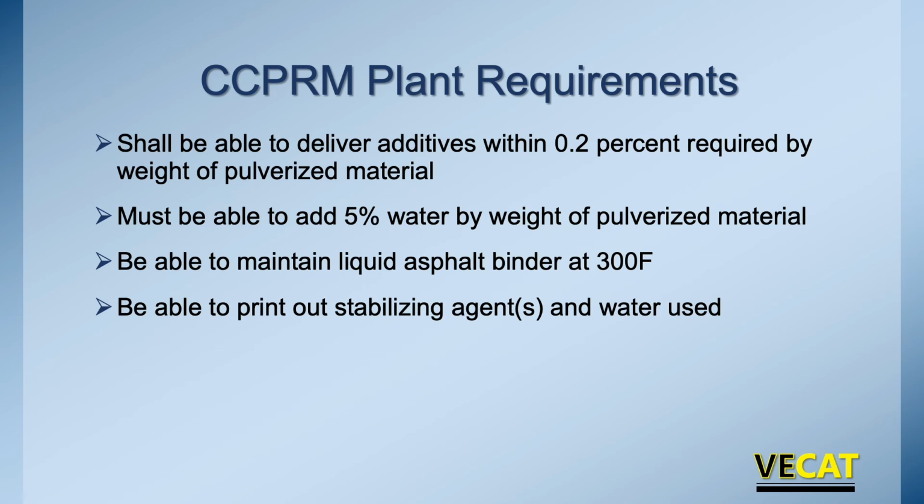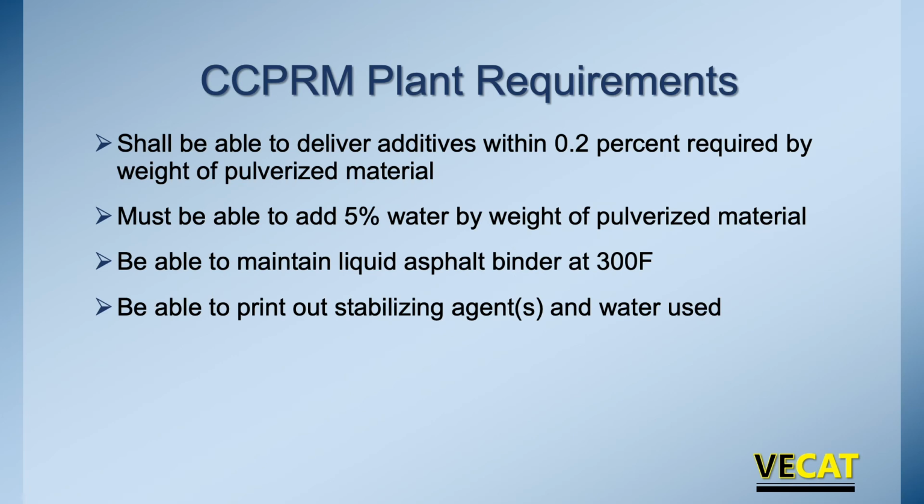Some other things, plant requirements for the cold plant recycle. You got to be able to deliver additives within 0.2%, so it's very, not restrictive, but very precise because we want to make sure we make the material that was designed. Got to be able to add that 5% water, again for stabilization, because that wrap that's coming in, and maybe that wrap in virgin aggregate's got moisture content, you need to know what it is so you can set the plant to add the proper amount to hit your optimum moisture content.